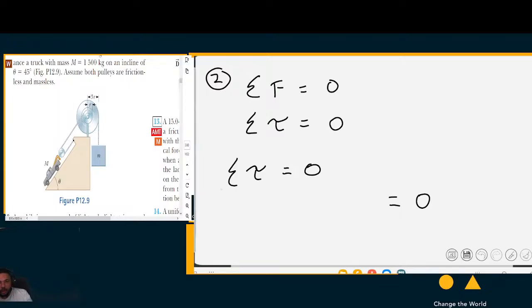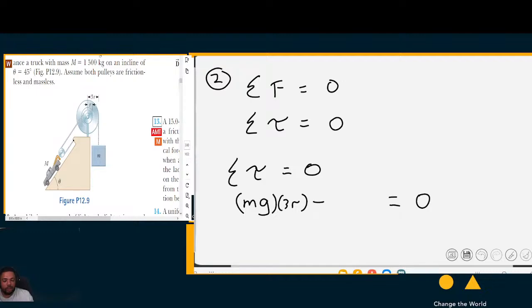Now, the torque of the mass would be the weight of that mass, mg, multiplied by the distance that it acts at. It's 3r, so times 3r. So that's the torque of the mass, of that block M.